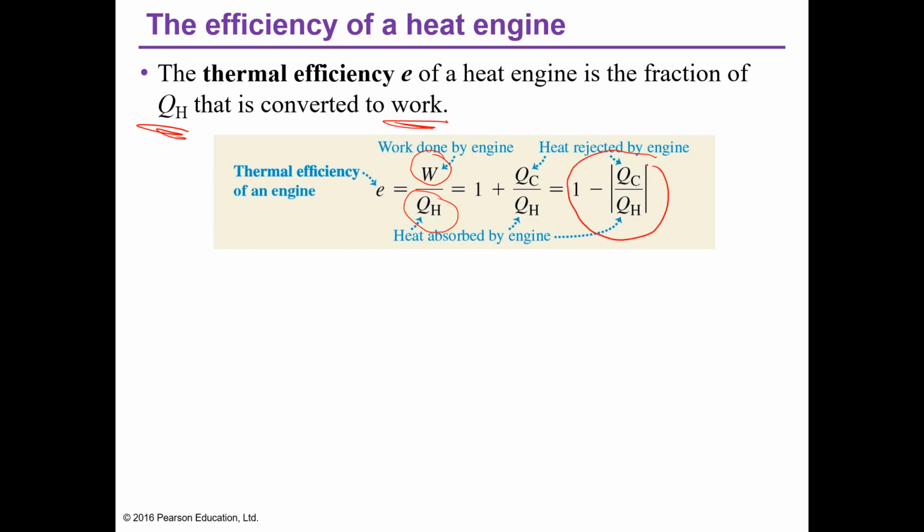Okay? And this E cannot be equal to 1 because QC is always there, right? Sa heat engine, kay naa kay ma-reject nga QC divided by QH, kani siya is a number not equal to 0. Okay, so dili siya gyud nga makakuha kag efficiency nga equal to 1.